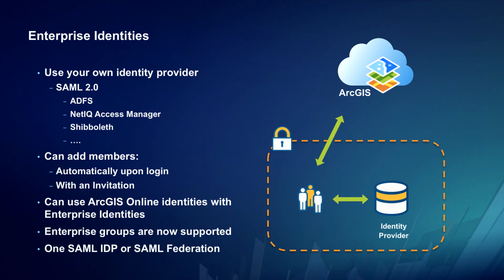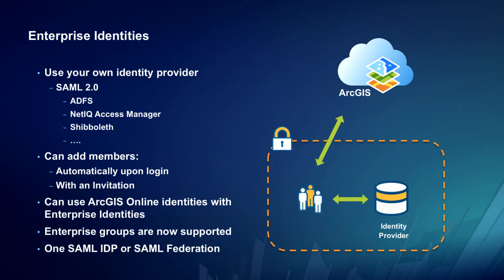You can also mix and match identities from enterprise identities and ArcGIS Online identities. So you might have your employees log in through your enterprise identity system, and say contractors or third parties you create ArcGIS Online identities with.